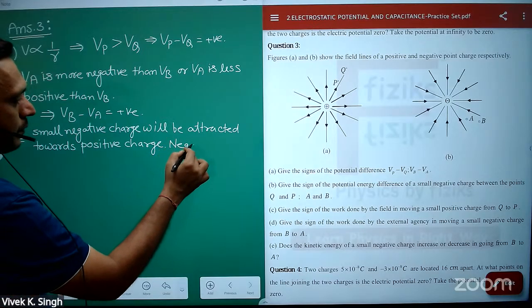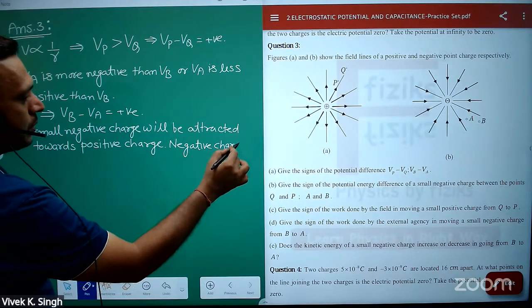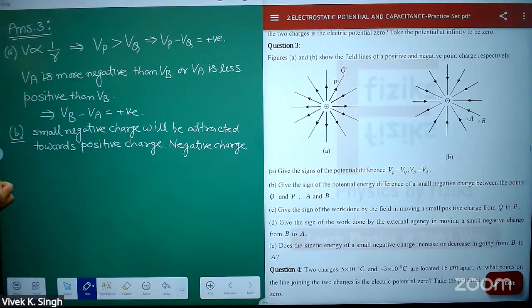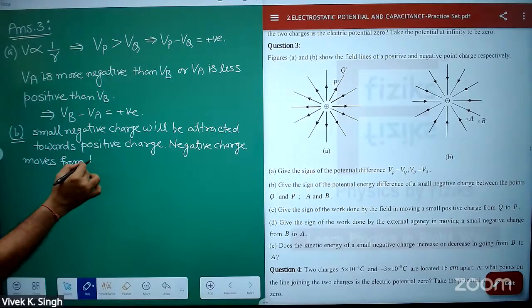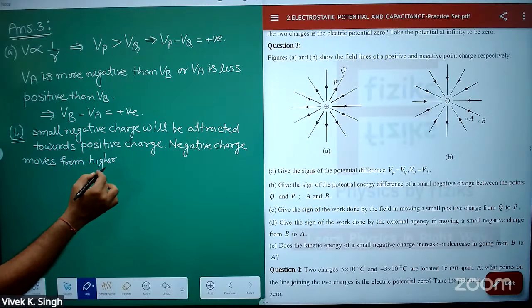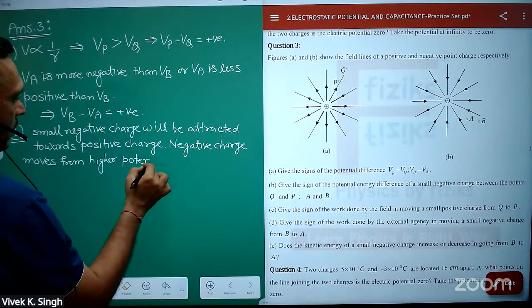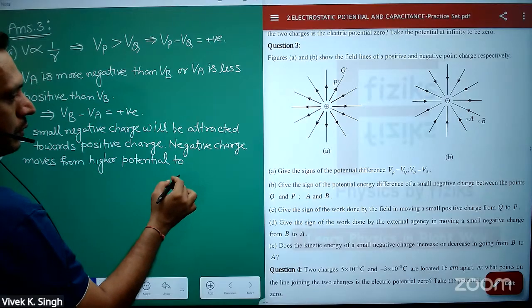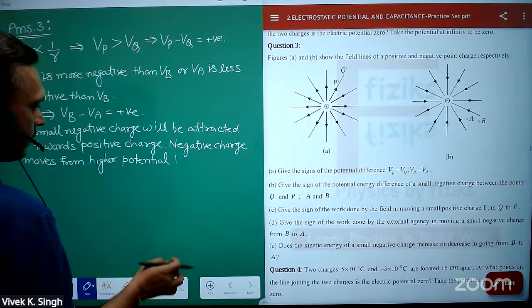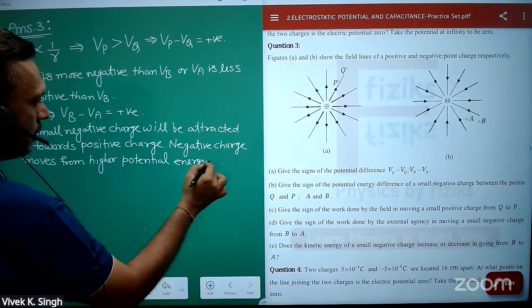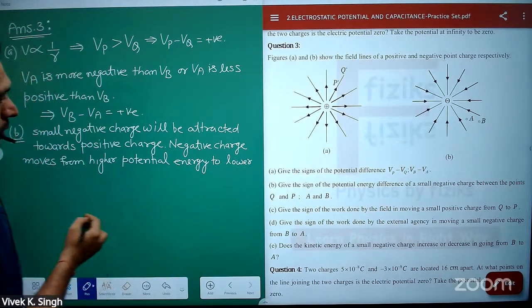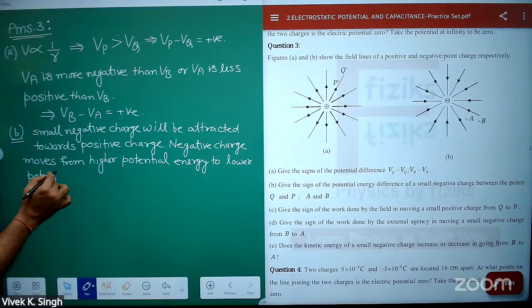Negative charge moves from higher potential to lower potential, that is, from higher potential energy to lower potential energy.